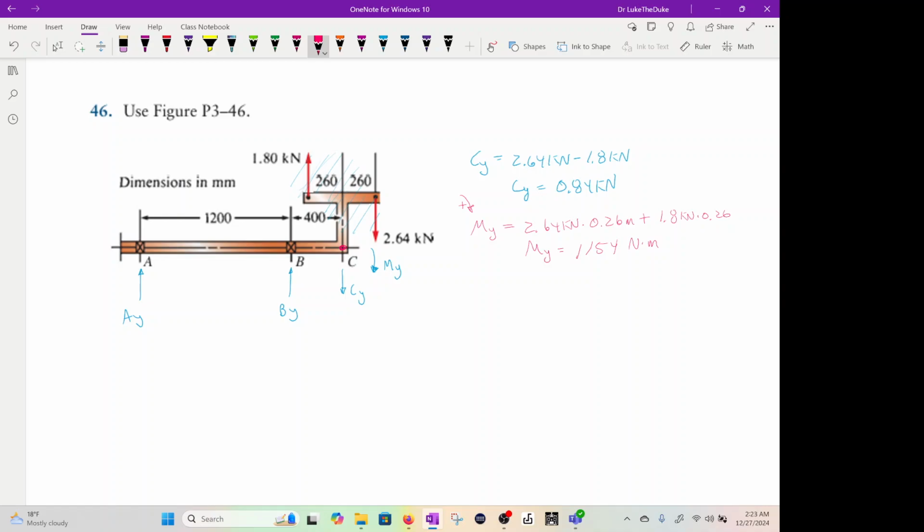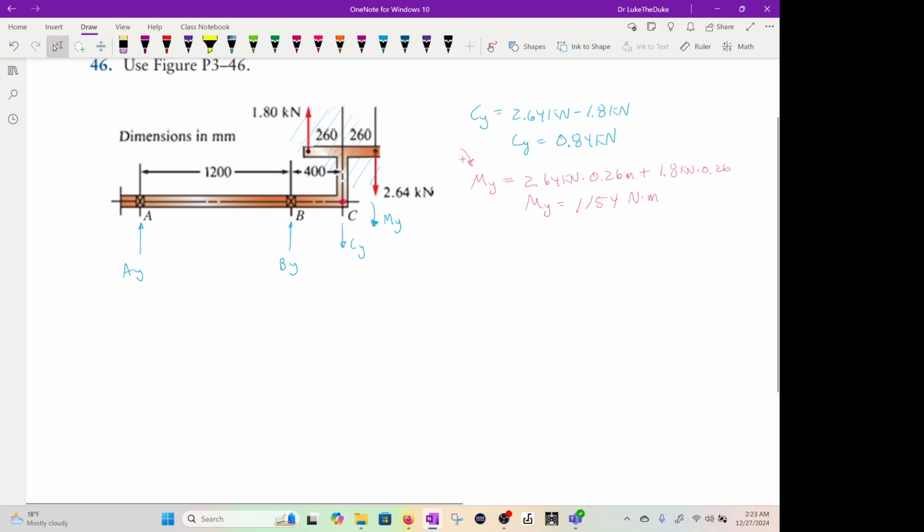Okay? All right. So now we can sum the moments at A, set it equal to 0.